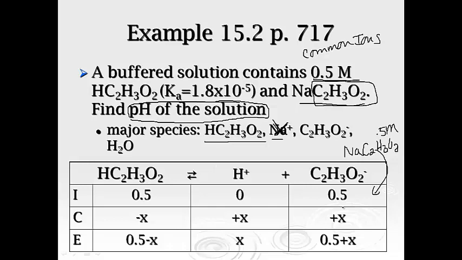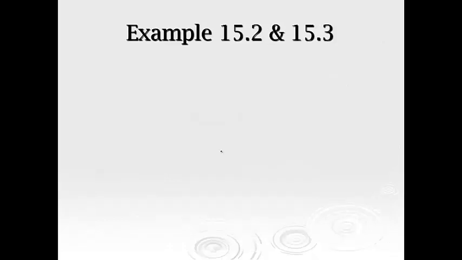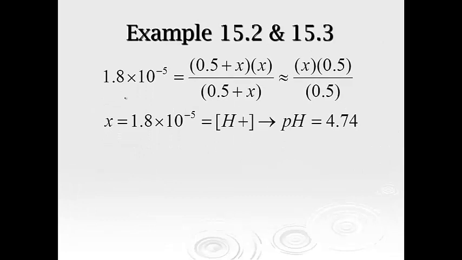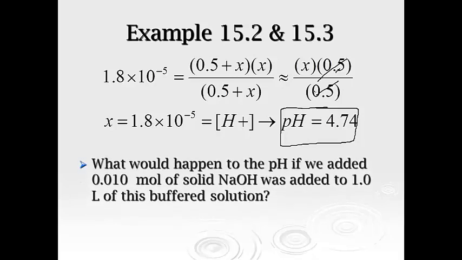Again, we're figuring out how much the addition of this 0.5 is going to force the dissociation back to the left. All right, so we solve. Again, everything kind of cancels out. We end up with a pH of 4.74. We want to remember that number because we're going to come back and compare to it later. But 4.74 is our initial pH value for our buffered solution.